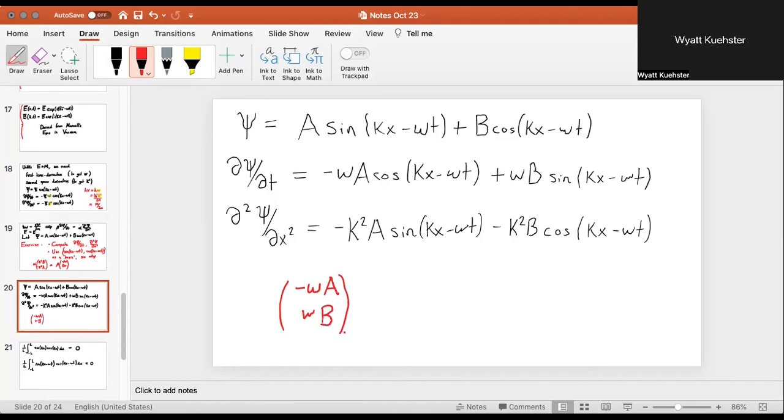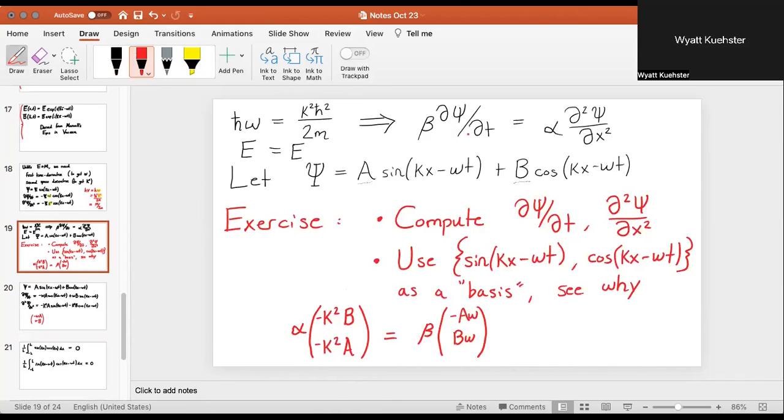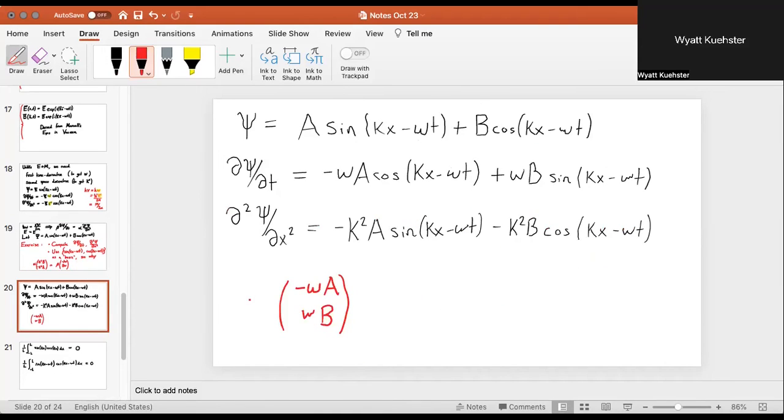Right, so we can write this as a vector in the basis sine, cosine, or cosine, sine. And then by this equation, beta times this equals alpha times this, right? If I do beta times this, I should get alpha times the other thing.